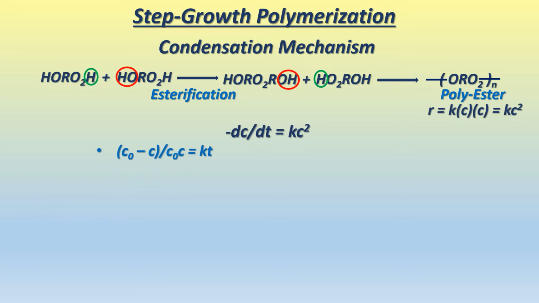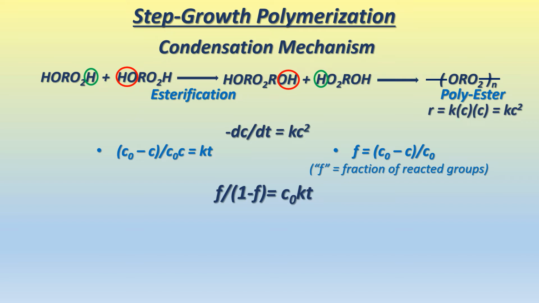where if this is integrated, the original concentration minus the concentration left at a given time C, divided by the product of those two, is equal to kt, leading to a term F, which is the fraction of the groups reacted, how many groups remain divided by the original amount.